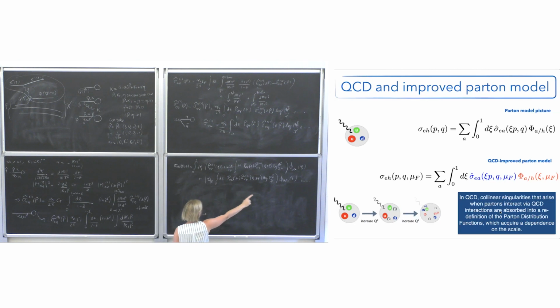I redefine this function. So now phi of q, which is the kind of bare parton distribution function that I had in the parton model, becomes phi of q H of xi, mu_F. So it does acquire a dependence on the scale.